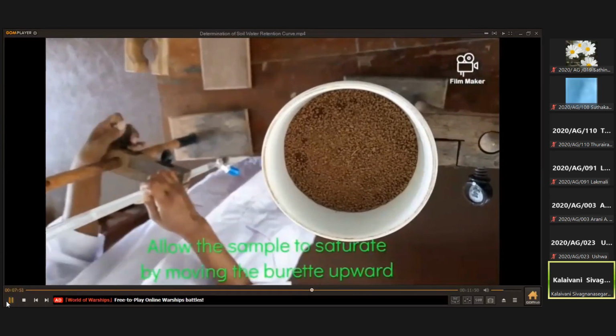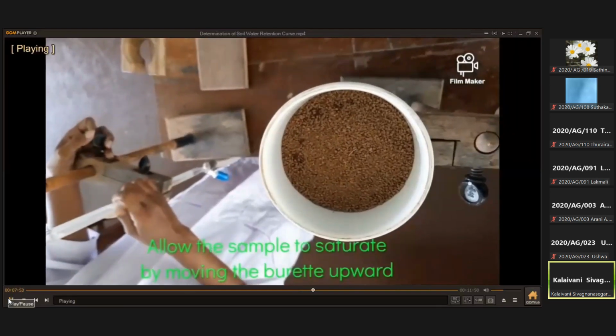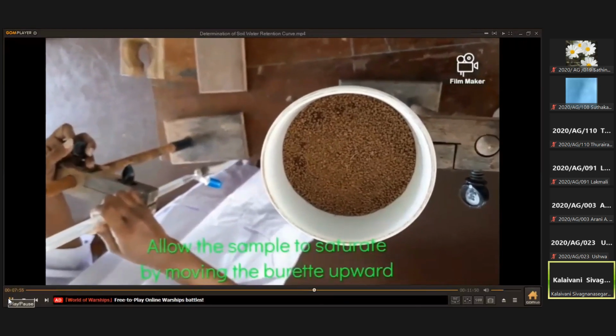Now you can observe this one is the dry soil. When you adjust this water column, you can observe it will become saturated. When you move the water column, carefully observe.